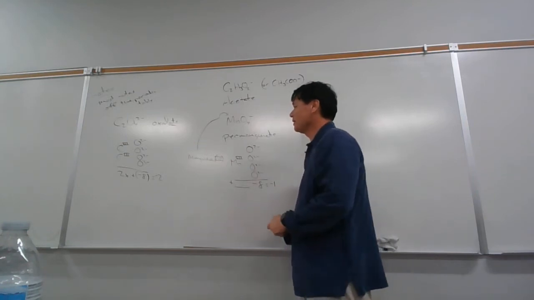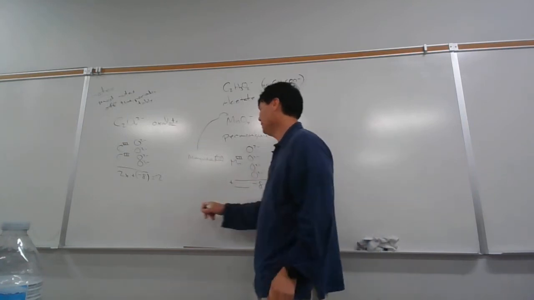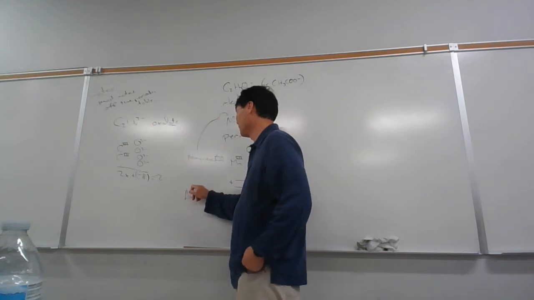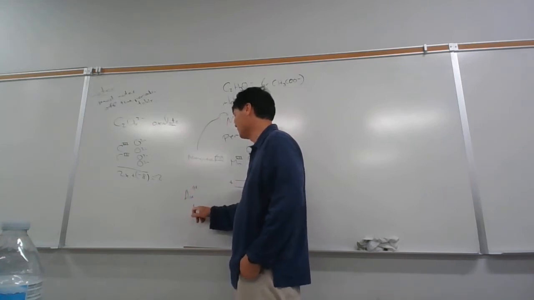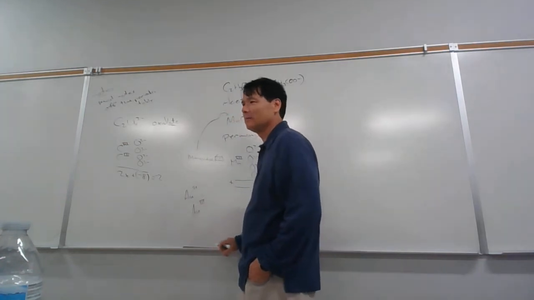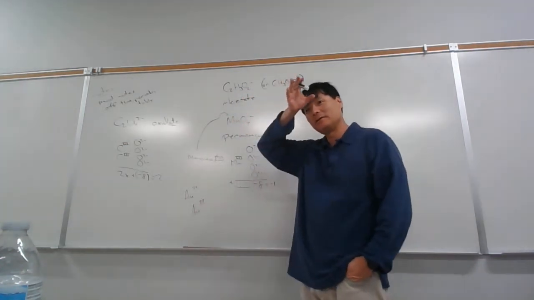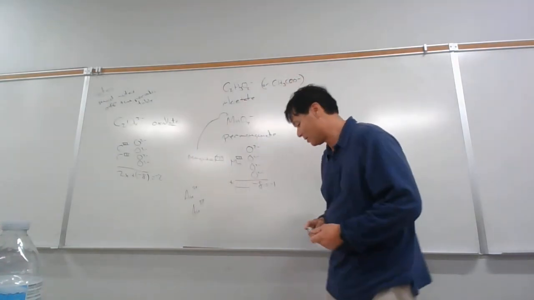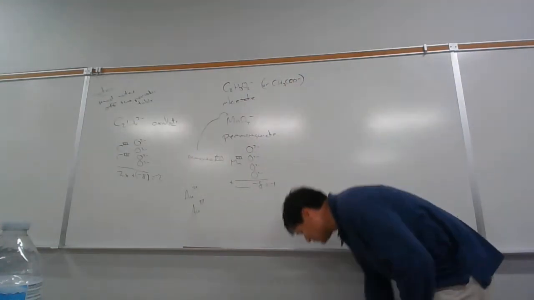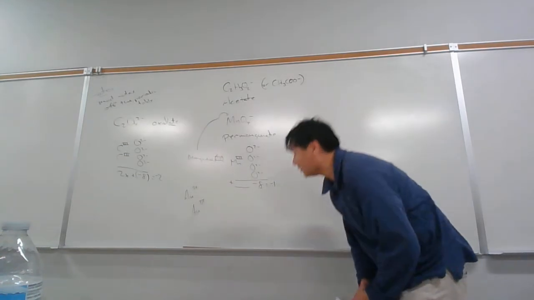It's the same thing with gold. Gold, I probably don't write 3+ like this. I'll probably write the Roman numeral 3. That's because I know a little bit more about gold and carbon than you probably do, so I don't expect you to necessarily know.